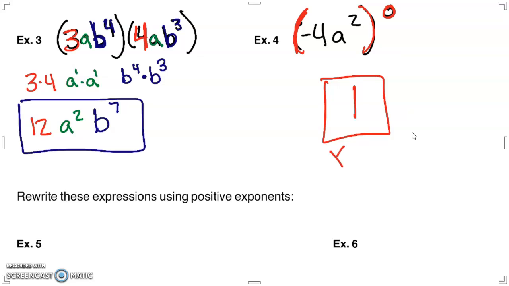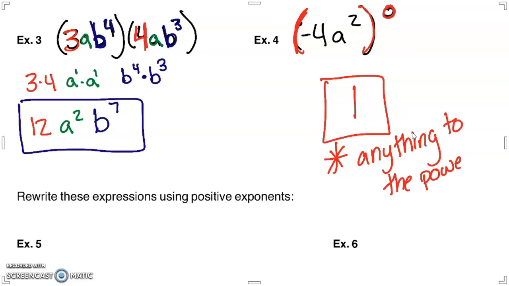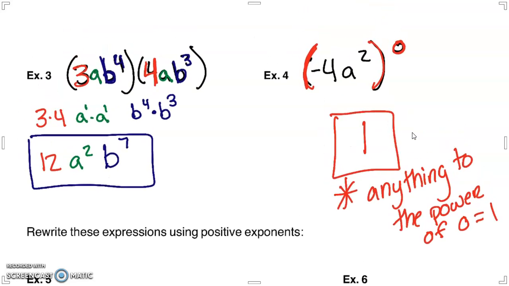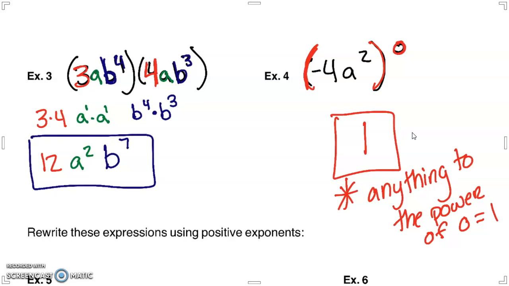That one should be really simple. Anything to the power of 0 equals 1. Questions for me here before I move on?